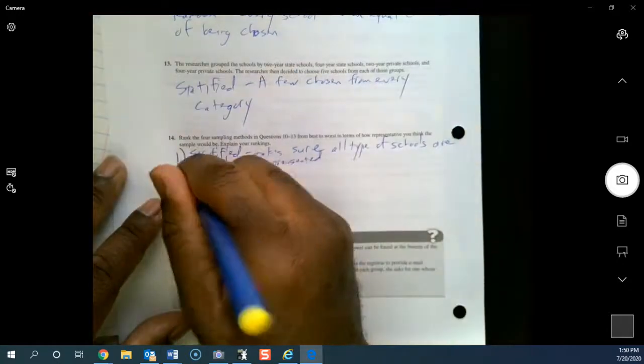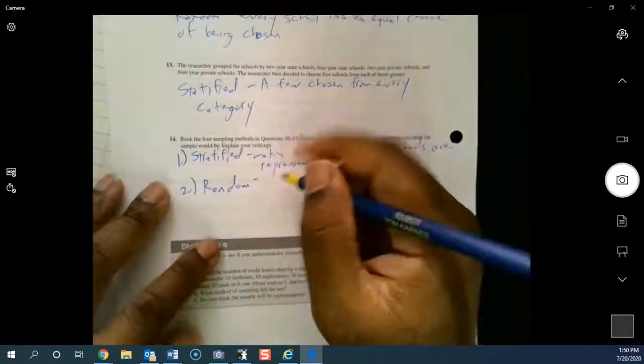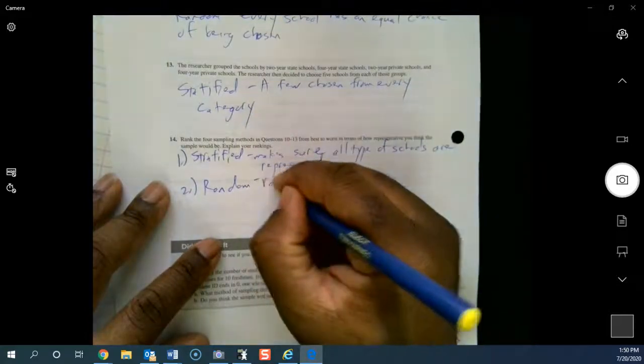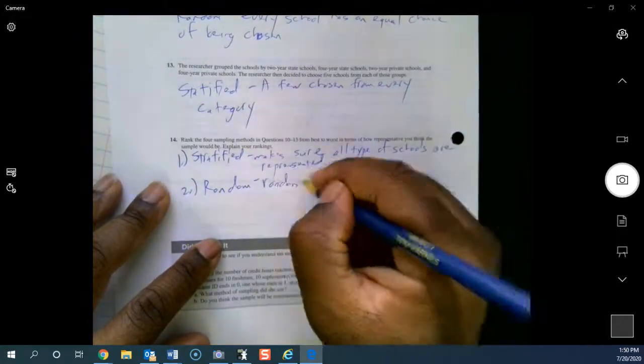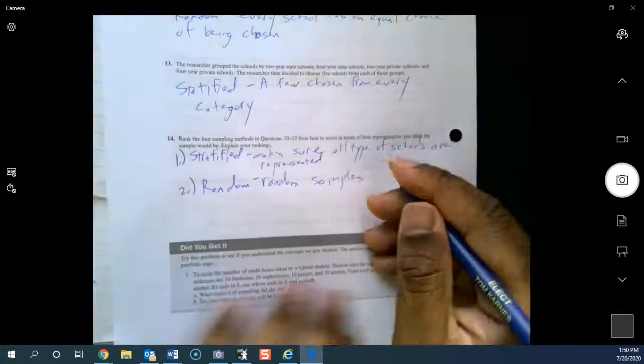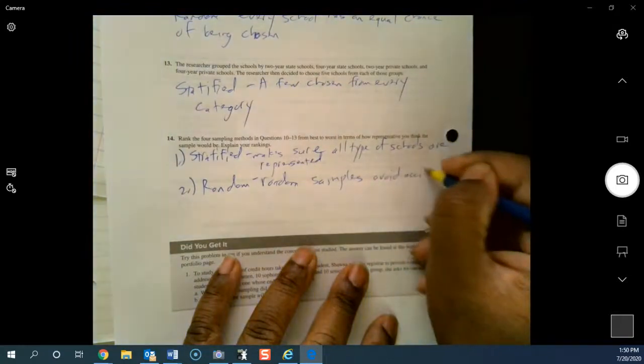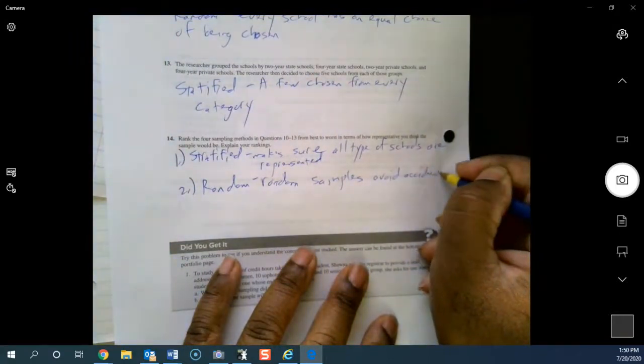The next would be random samples. Avoid accidental bias.